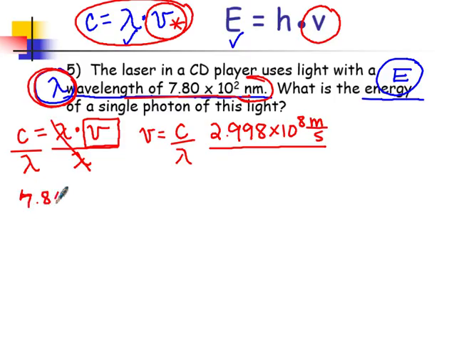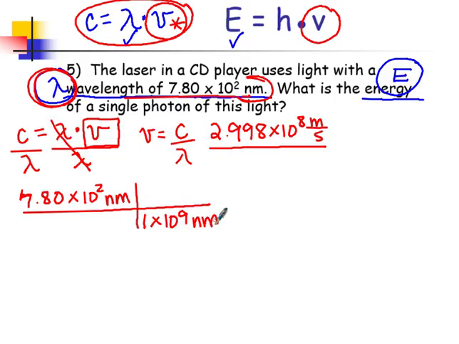7.80 times 10 to the 2 nanometers. 1 times 10 to the 9th nanometers in a meter. Which gets me 7.80 times 10 to the negative 7th meters.